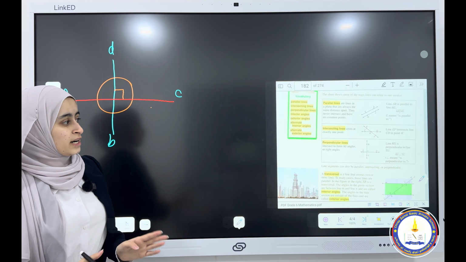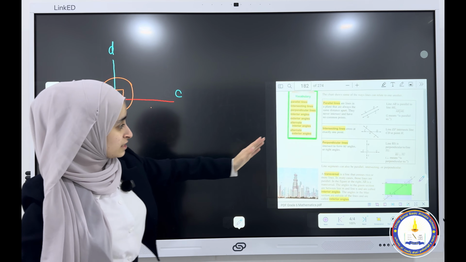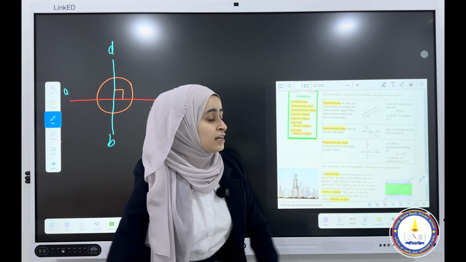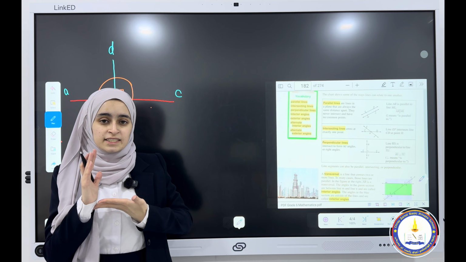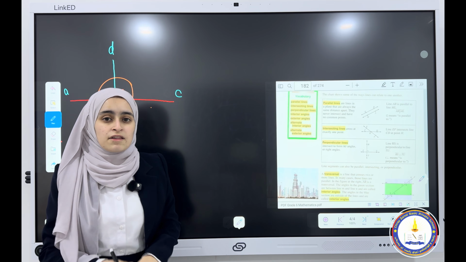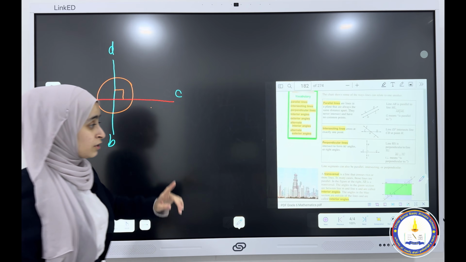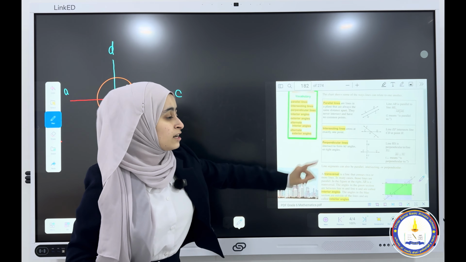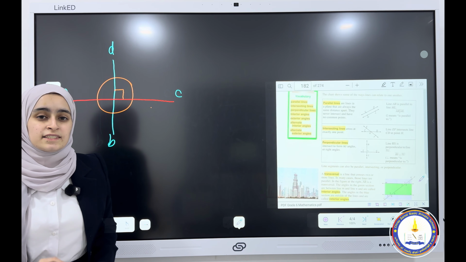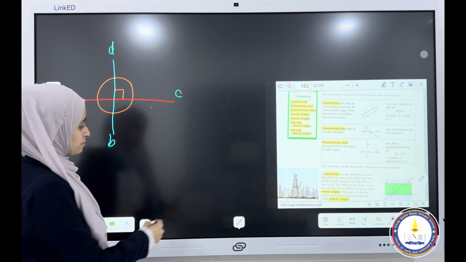Both of them intersect each other in one point, but intersecting lines will not form a 90-degree angle, or a right angle. They will just meet each other at any point. But perpendicular lines should form a right angle or 90-degree angle, like this one.